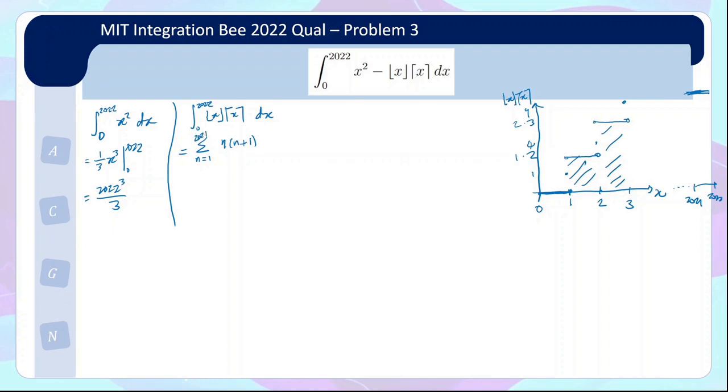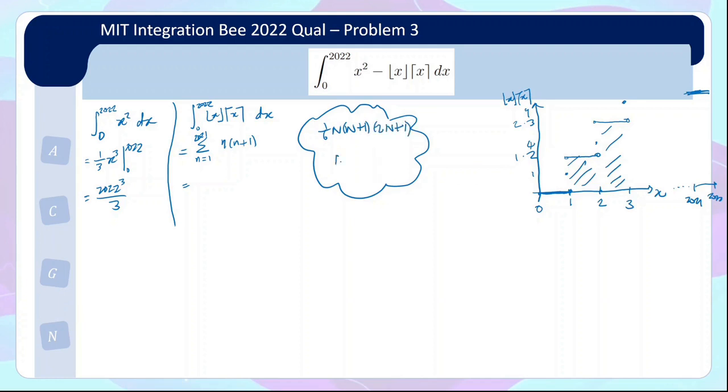Now you need to work out this sum in a way that is computationally efficient. So just to recap at the side here, if you sum squares up to capital N, the formula is 1/6 N times N plus 1 times 2N plus 1.